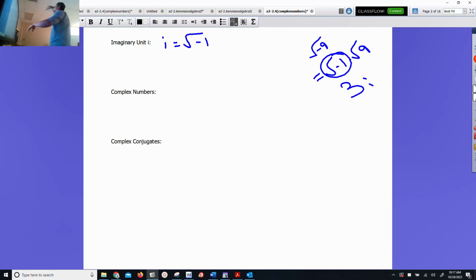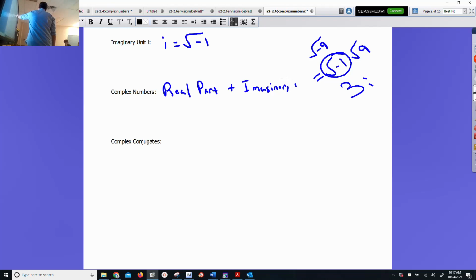A complex number has two parts. It has a real part plus an imaginary part. The real part is usually called the letter a. The imaginary part is bi.